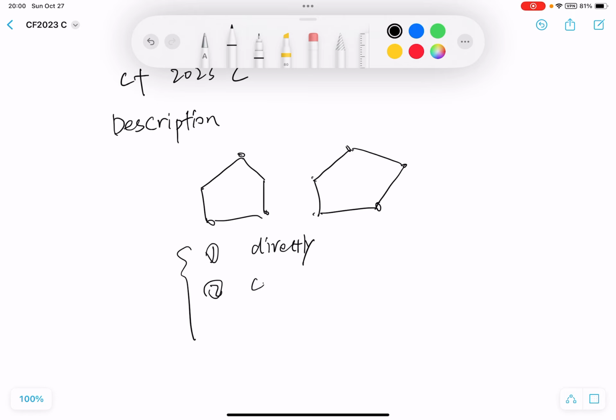Secondly, it's strongly connected. That means you can go to any node from any node.